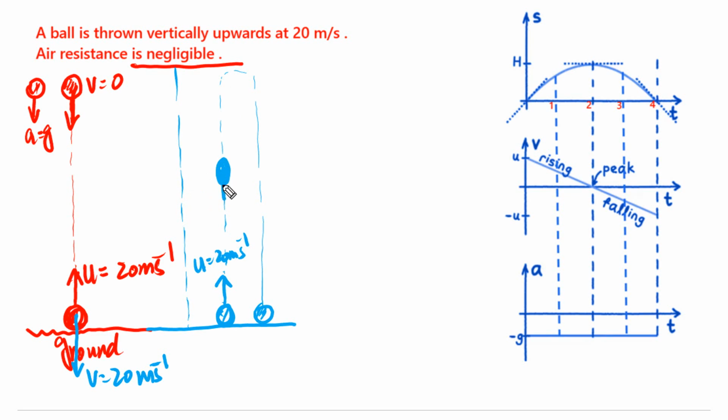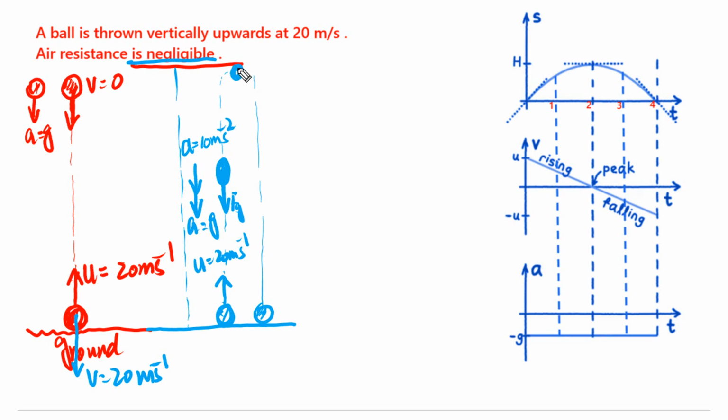At this point, the force acting on the ball is the gravity Fg, and the acceleration of this ball is downward, a is equal to g, because there is no air resistance. And also we can say in this case a is equal to 10 meters per second squared.